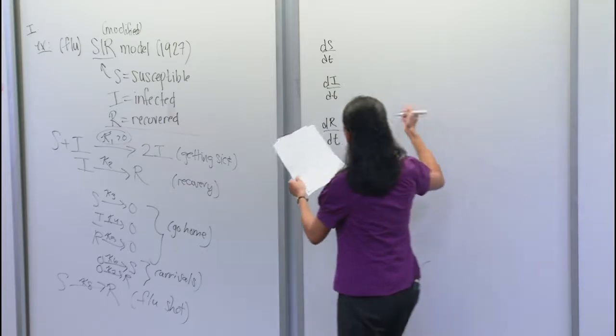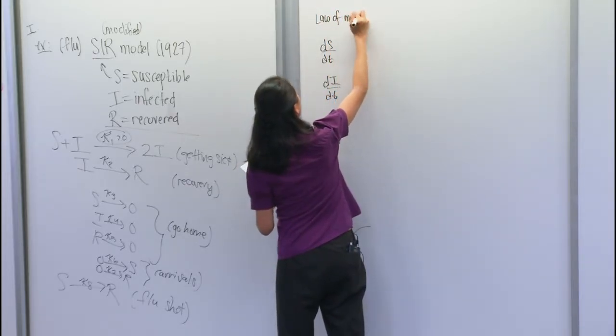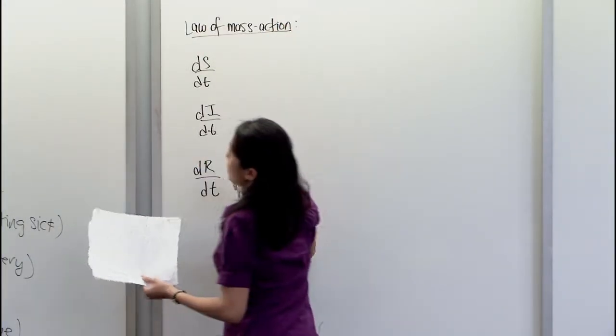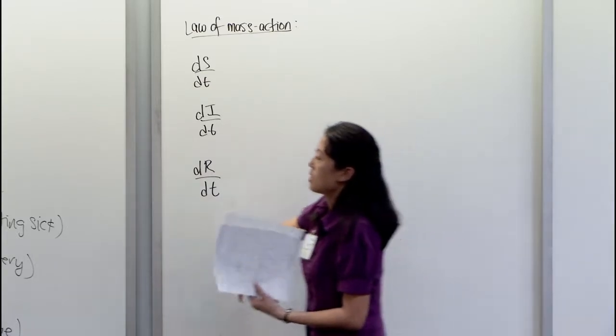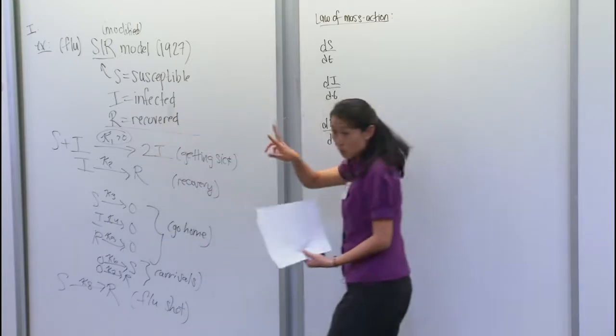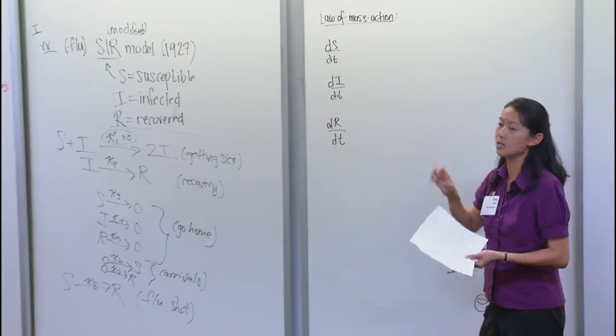So according to the law of mass action, the number of times that a susceptible and an infectious person become two infectious people is proportional to how many susceptible people there are and how many infected people there are.